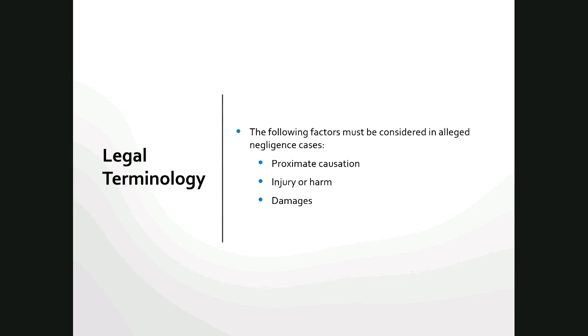As an example, the healthcare worker collecting blood from the patient, the needle went through the vein into the median nerve, and the patient lost use of their fingers and hand due to nerve damage. And the damages are the actual injury and the amount of money awarded to the plaintiff, based on compensation for the injury, pain and suffering, loss of work, or permanent disability.